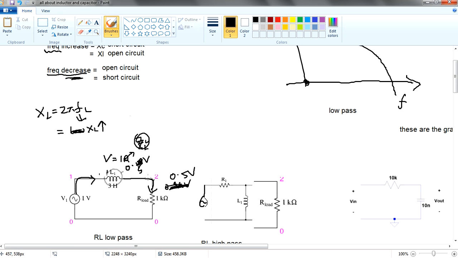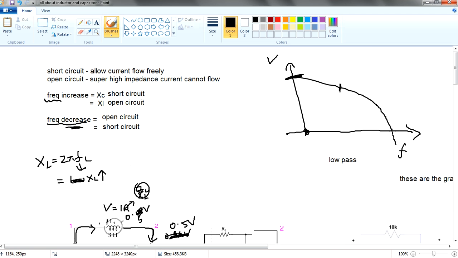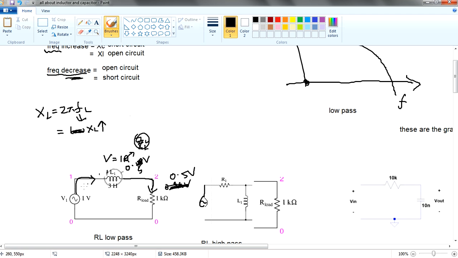But with this understanding, how is it going to filter out all the high frequency? As you can see, if your frequency is very high, the amount of voltage coming in is very low. So your load will not take in any voltage at all, will not take in any signals from your source, right?